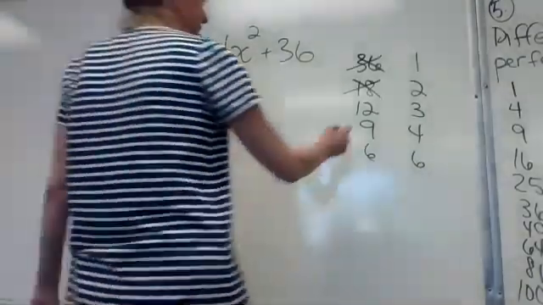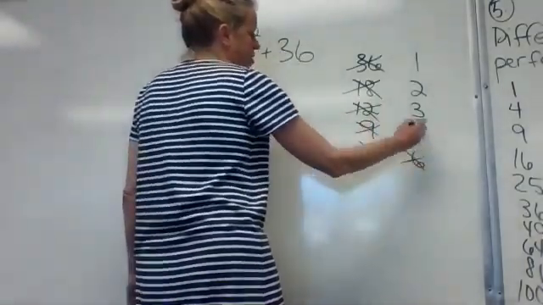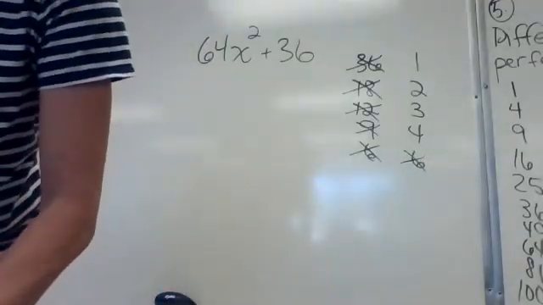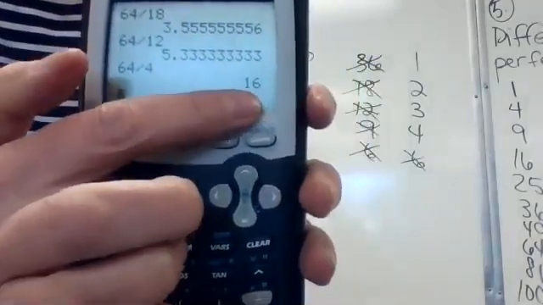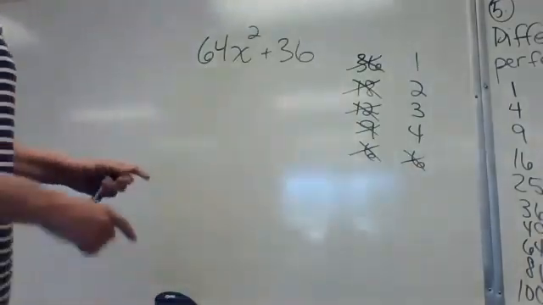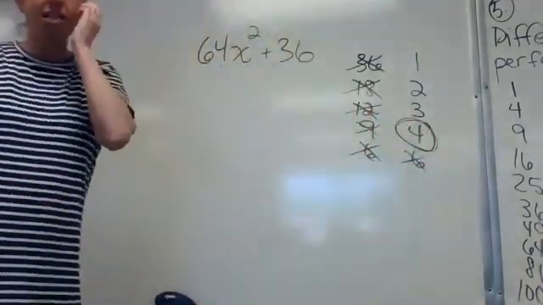No, still gives me a decimal. It doesn't divide by 9, it doesn't divide by 6, but what happens when you try to divide it by 4? 64 divided by 4 does give me a whole number. It's not a decimal, which means 4 goes into 36 and 64.